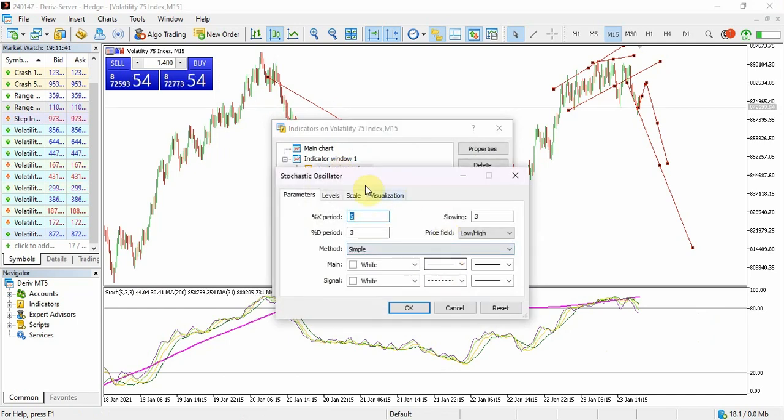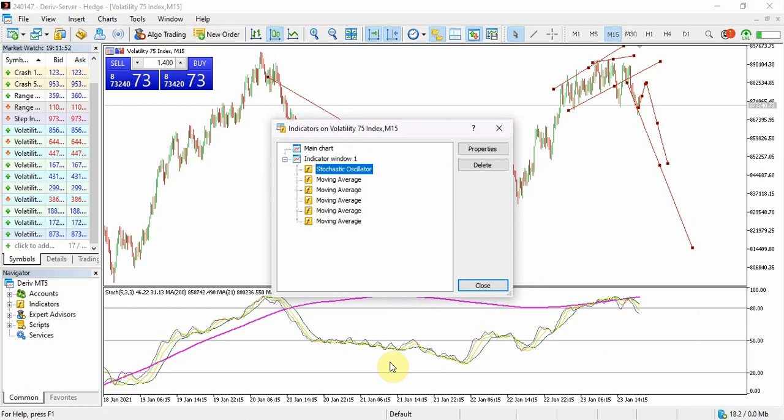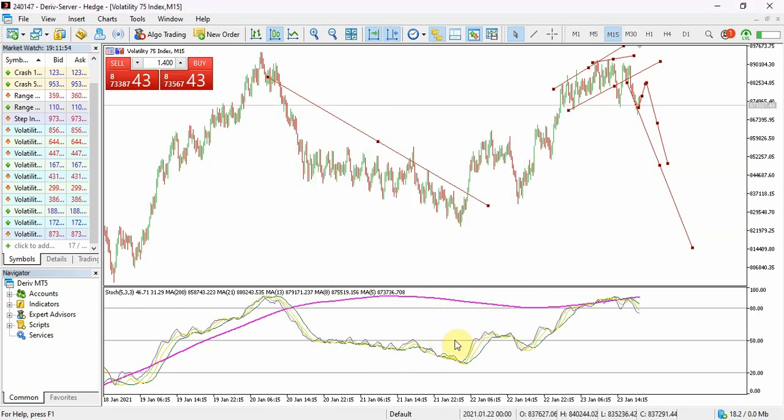So let me just see if I can edit and show you something. Add something, and let's put it 50. Wait, not 59. Come on. So now it's 50. So usually 50, that's where you close or you wait. For an example, when your indicators approach this level 50 here, that's where you close your profits. So adding the 50 helps that way.